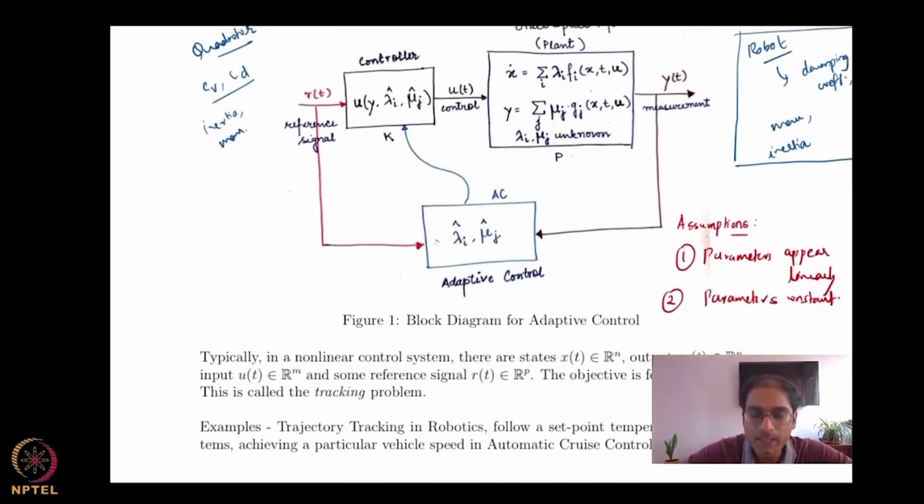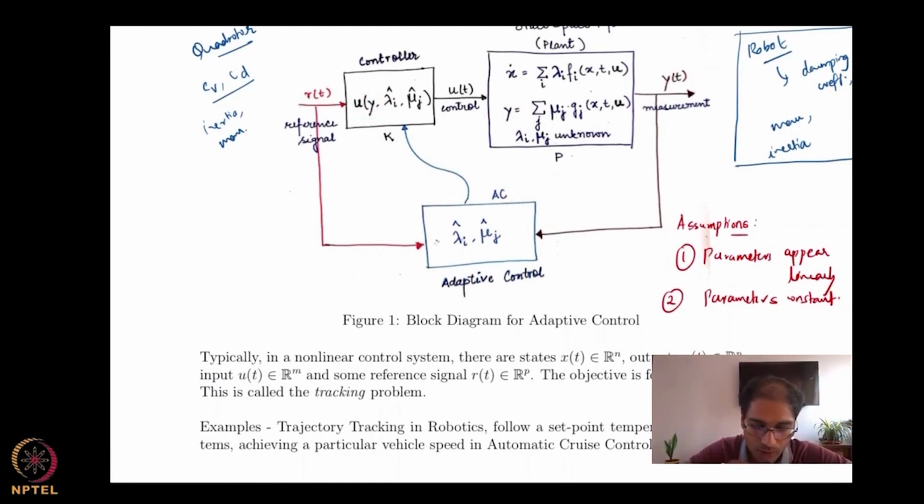Alright, so we have this plant block that you can see here, which now has this additional complexity that these lambda i's and mu j's are unknown. Then we have a controller. Now the question is, what should be the structure of the controller? The controller cannot just depend on the output. Yes, output is the only thing that's available, so obviously output is one object that the control can depend on.